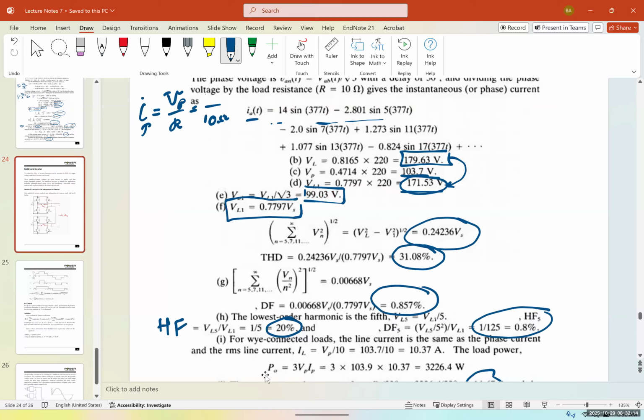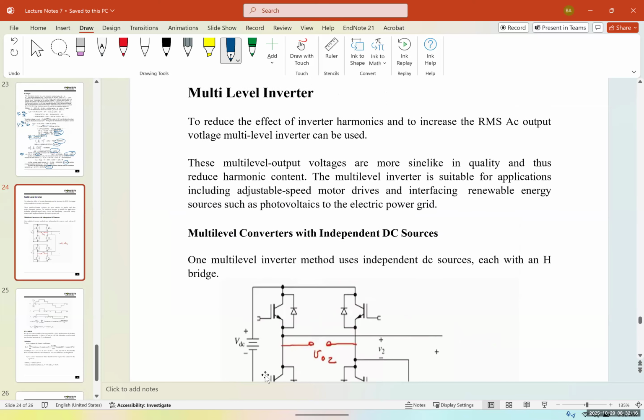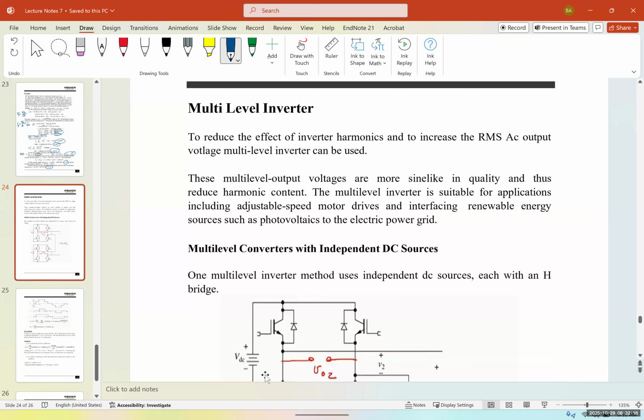Now, another way to have a clean output signal, something that is very similar to a sine wave, is to use multi-level inverters. So square inverters have this limitation of creating harmonics. Why?